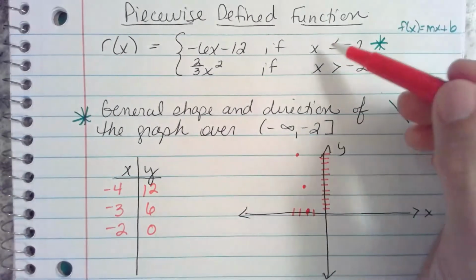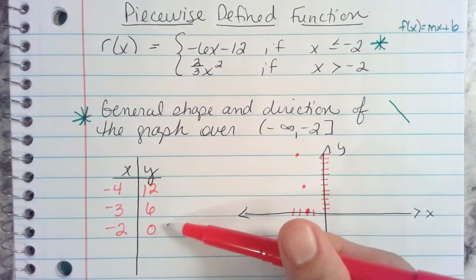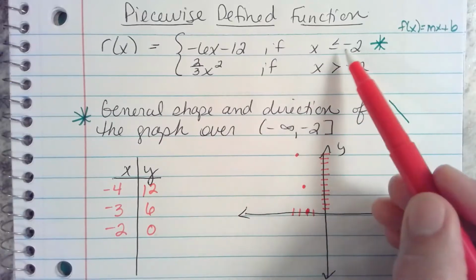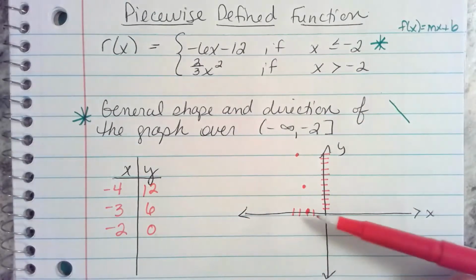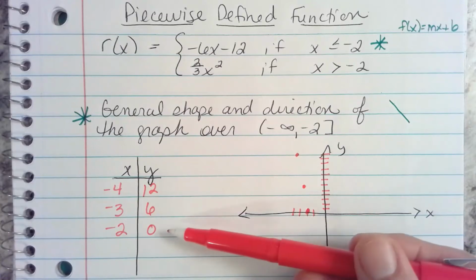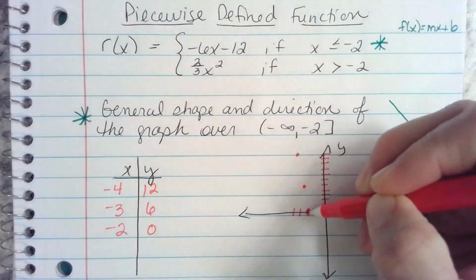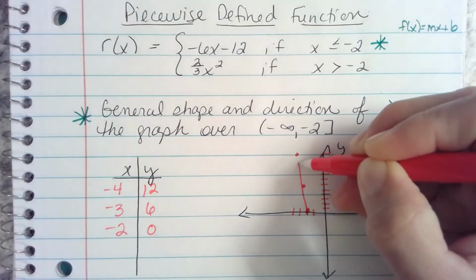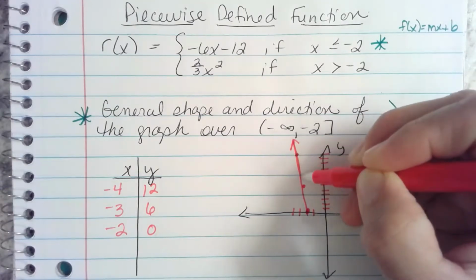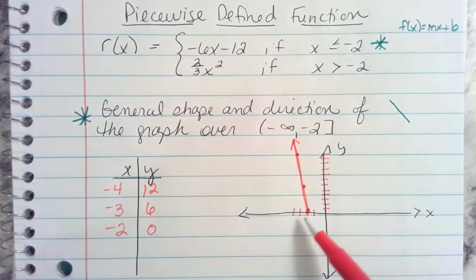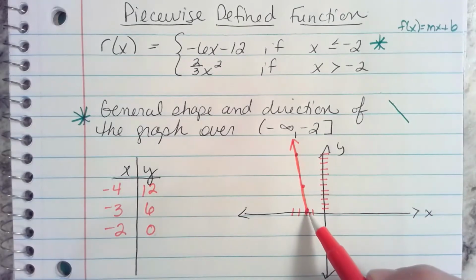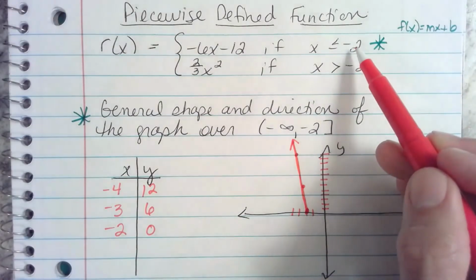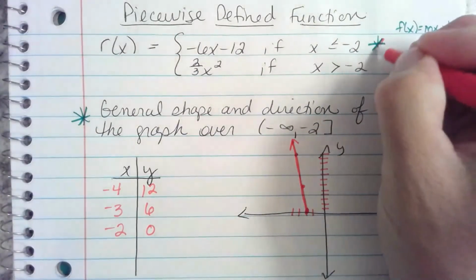Now remember, this keeps going in that direction because it says all the x's less than or equal to negative 2. That's all these x's going this way. So that means this part of the graph is supposed to be a straight line, by the way. Looks something like that. It keeps going this direction, but it stops here because this interval stops here. So we're finished with this part.